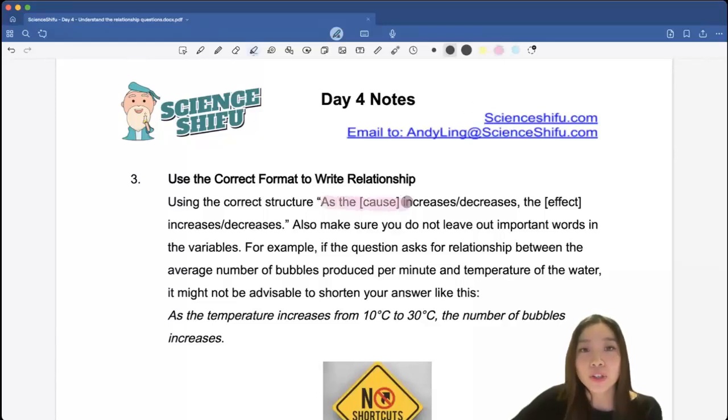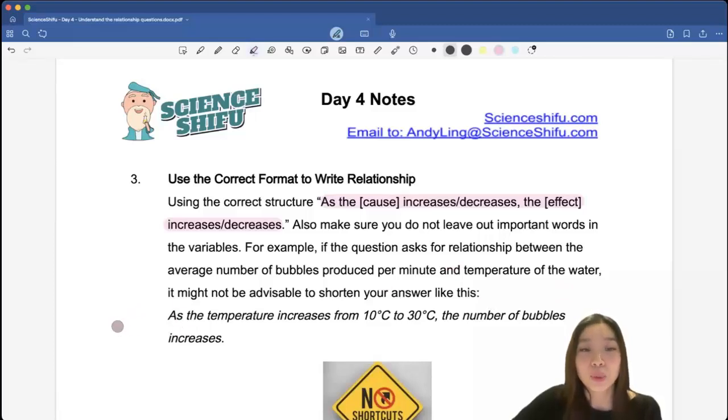Again, the correct structure is as follows: as the cause increases or decreases, the effect increases or decreases. Students must be able to identify the cause and effect correctly and apply the answering technique to get the full mark.